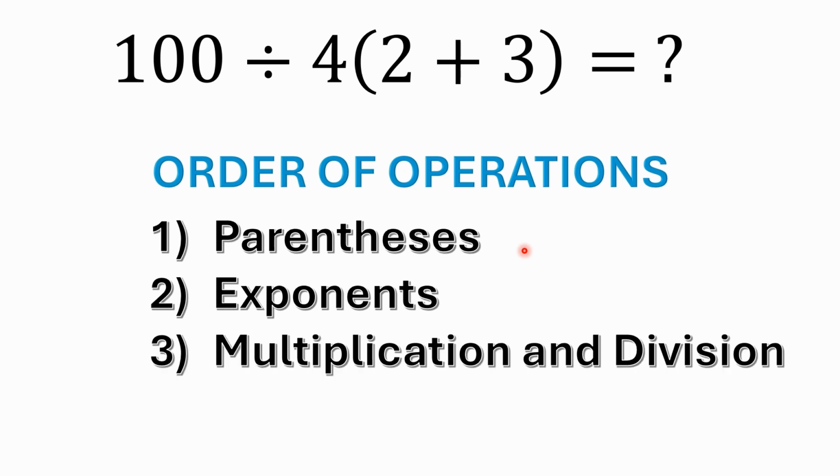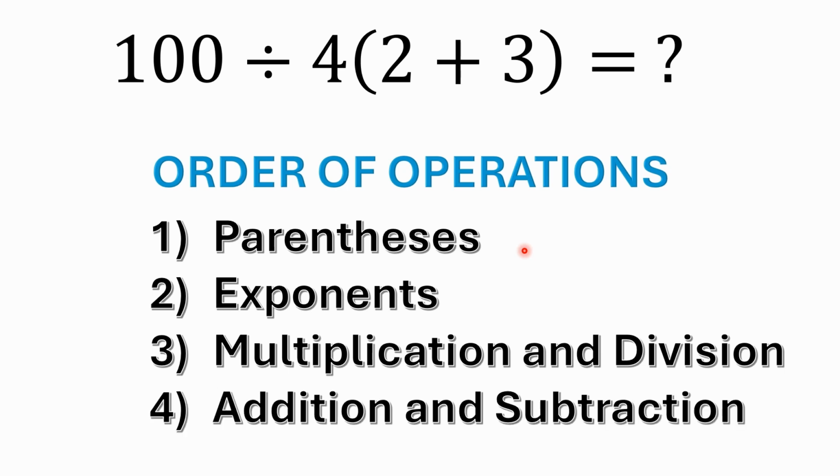Then you have multiplication and division that you just solve left to right, whichever one you run into first. In this case, you have division first, 100 divided by 4, before you're multiplying the 4 times everything in the parentheses. So given the strict definition of PEMDAS, your multiplication and division is just solved left to right. Then step 4 would be your addition and subtraction.